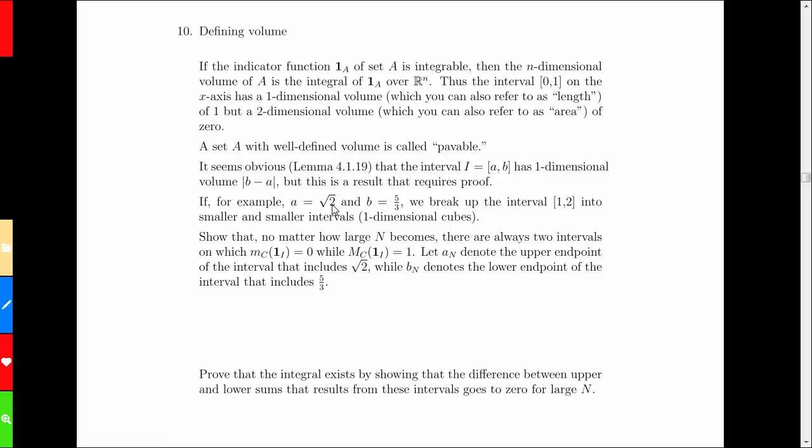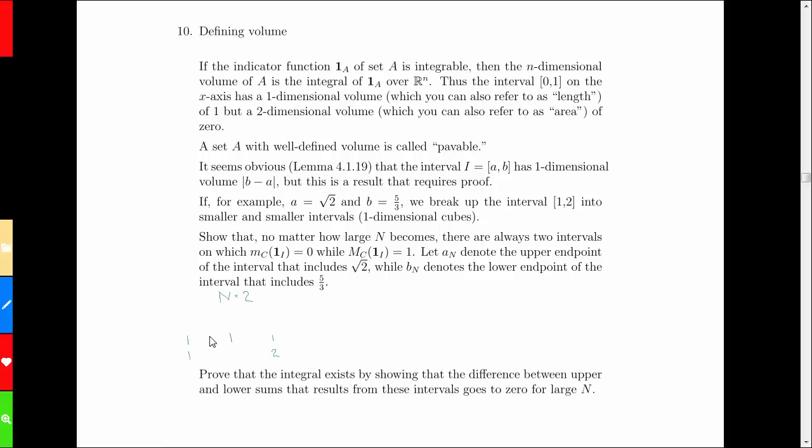Let's consider a concrete example. The interval that extends from a equals the square root of 2 to b equals 5/3. Let's first take capital N equals 2. We only need one dyadic cube, the one that extends from 1 to 2 at level 0, but at level 2 we have to break this up into 4 pieces.